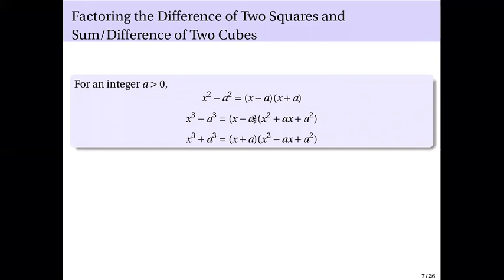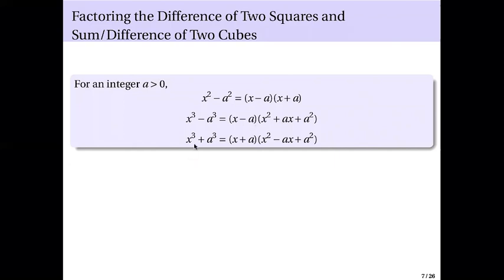So again, you have x cubed minus a cubed. The first factor will be x minus a, so you just remove the cubes. The second factor will be the square of the first term plus the product of the terms plus the square of the second term. Take note of the coefficient here, it's just 1, the product of these two.